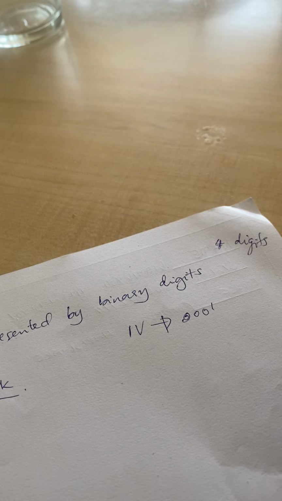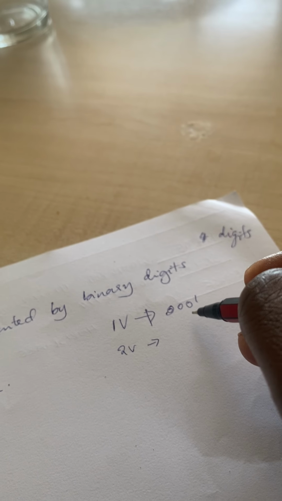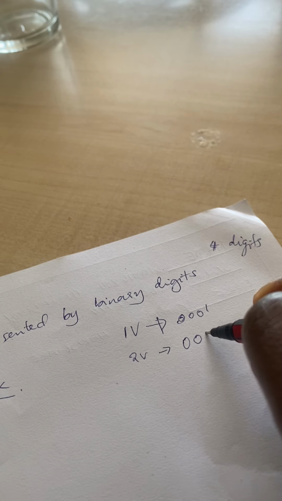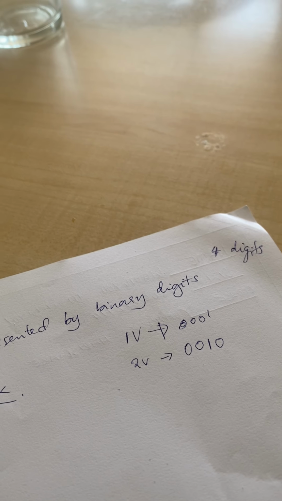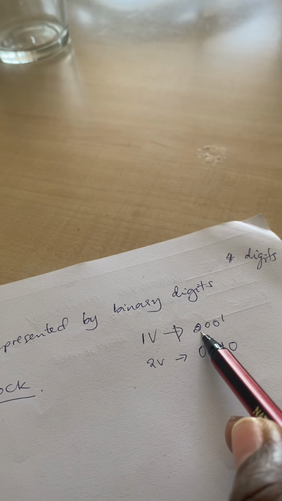If you have 2 volts, I think it should be 0010. So we are simply representing these numbers in the form of bits.